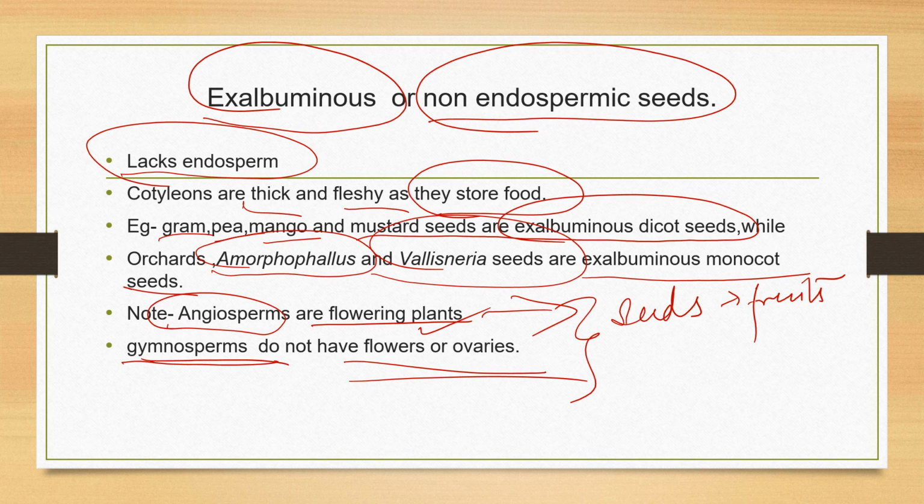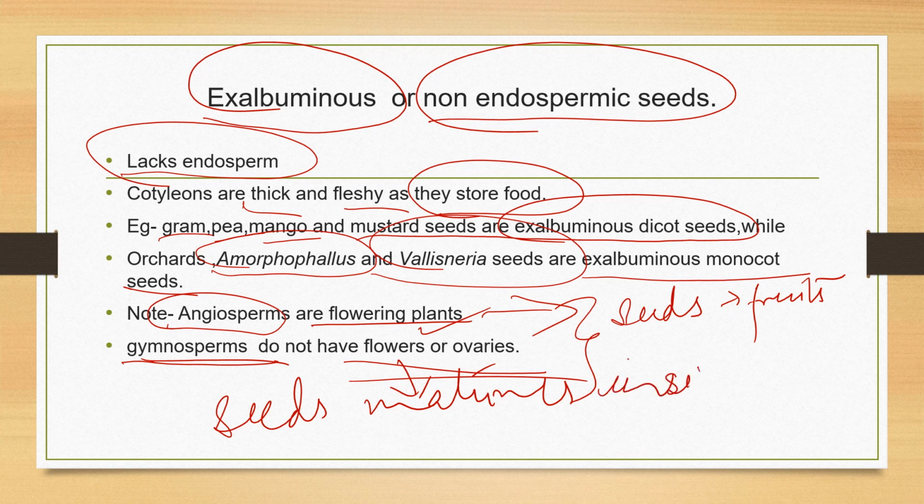So their seeds, how they are? Their seeds are maturing inside the cones. So these seeds, angiospermic seeds, they are maturing inside the fruits. They are being protected and covered by the fruits, whereas in the gymnosperms, the non-flowering plants, they do not have ovaries also. So their seeds mature inside the cones.